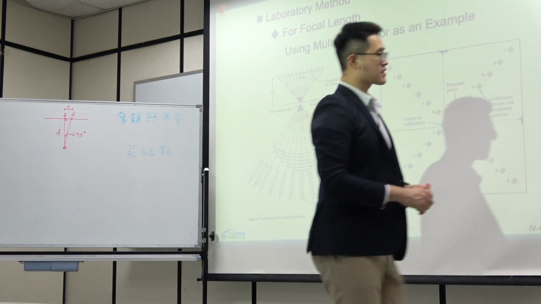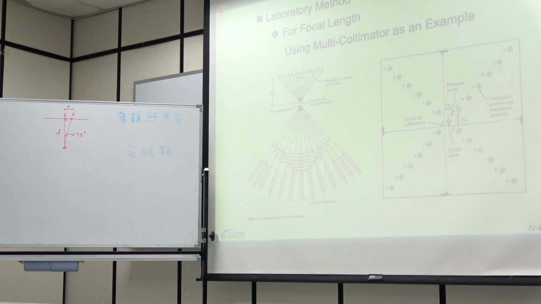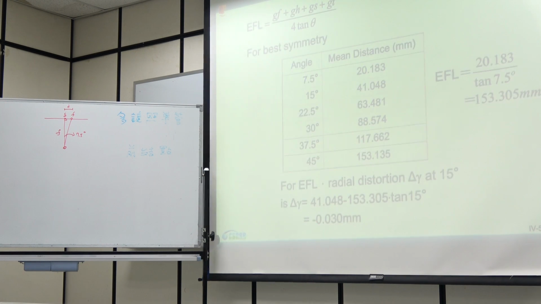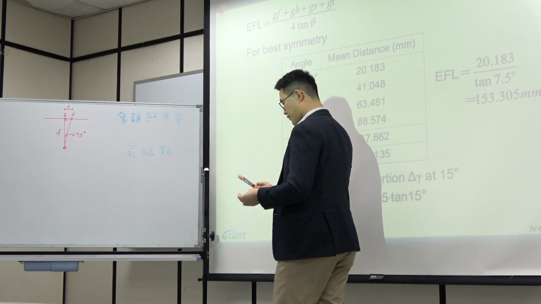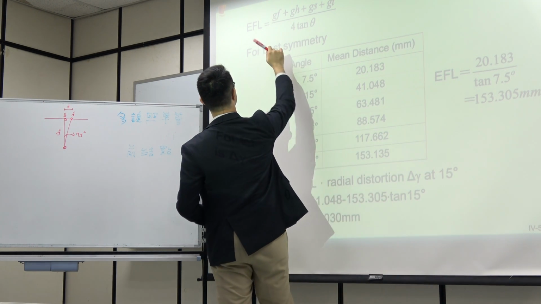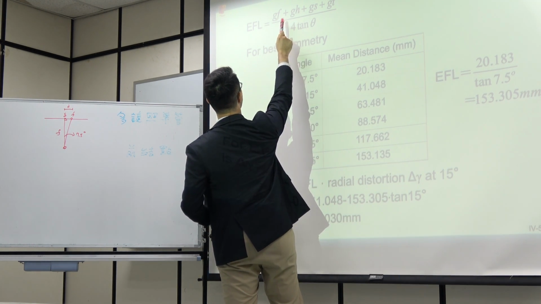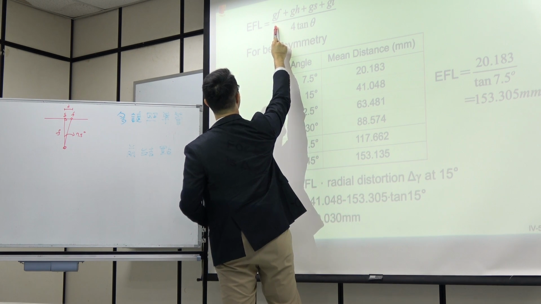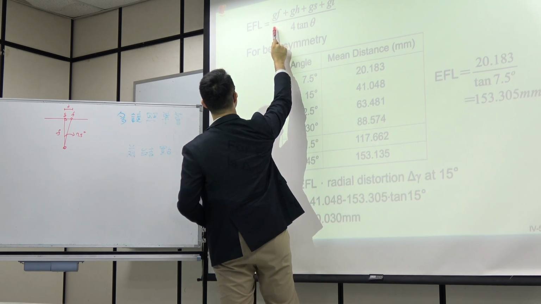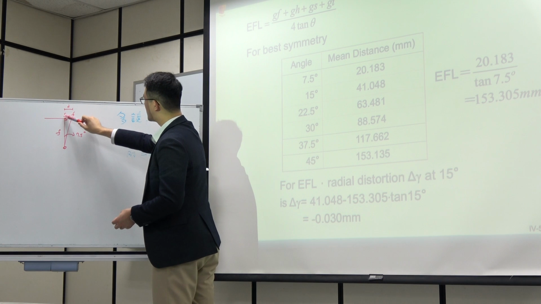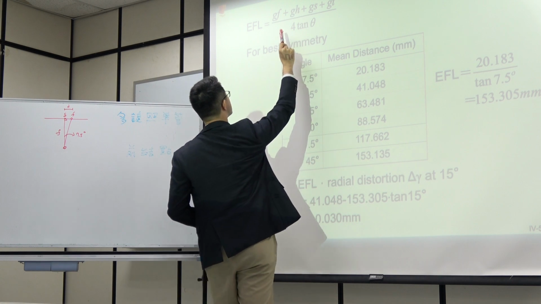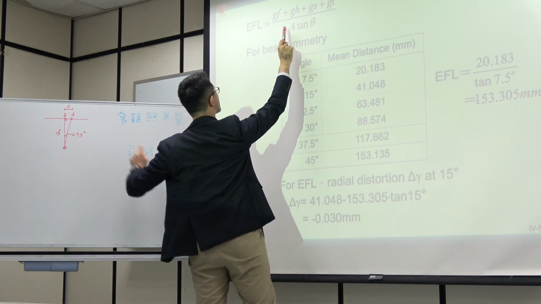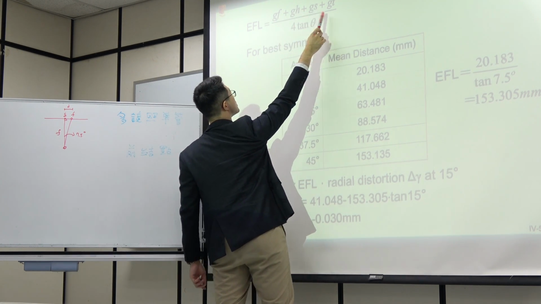The first step is to calculate the EFL, the equivalent focal length. EFL is calculated by taking the average of the distance from G, the center collimator, to the surrounding four collimators. As you can see, GF is this one, and we have GH, GS, GT.